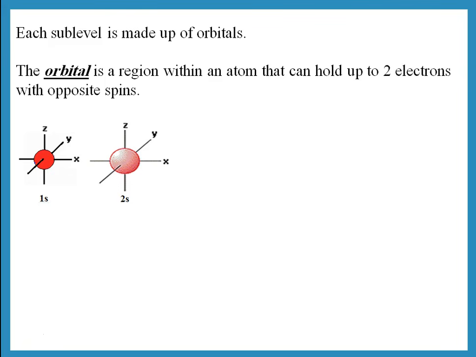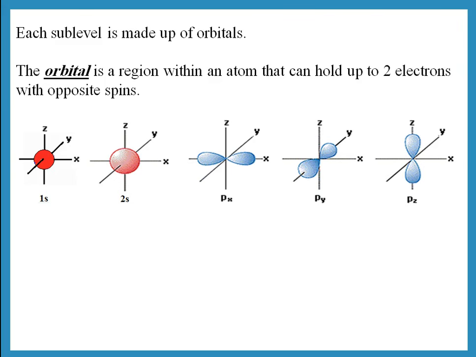In the second energy level, we have 2 types of orbitals. We have a 2s, which is spherical, just like the 1s, but we also have 2p's. So the p's are dumbbell shaped. We have one along the x-axis, so we call it px. One along the y-axis, we call it py, and one along the z-axis, so we call it pz.